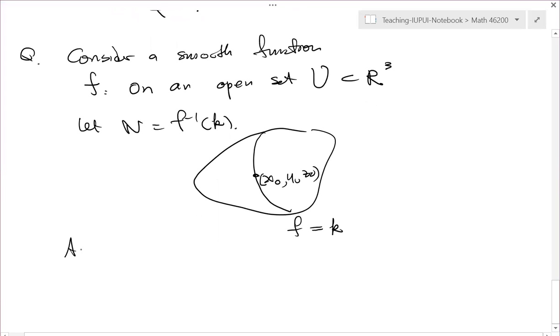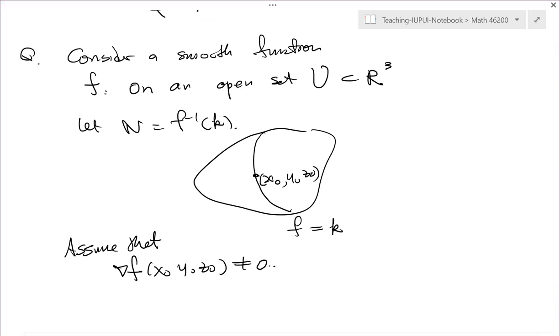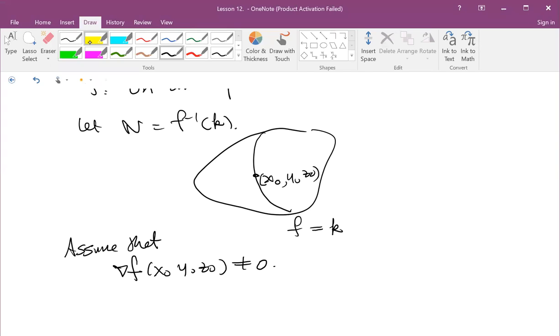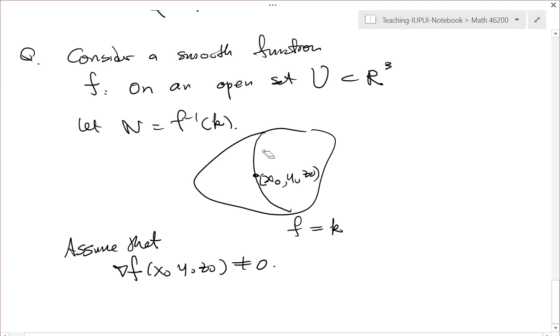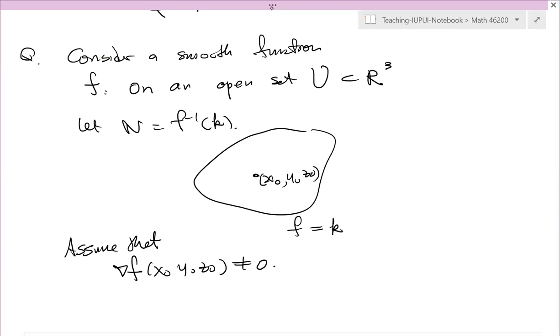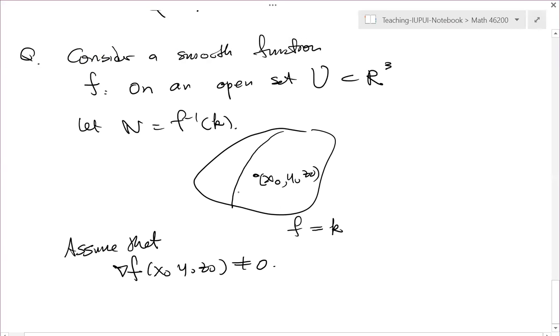We assume that the gradient of f at that particular point is not going to be 0. So what I claim is that locally, that piece can be viewed as a graph of another function. I have to draw the picture a little better, because it is much easier to view it as a graph. So I'm going to draw the surface like that.